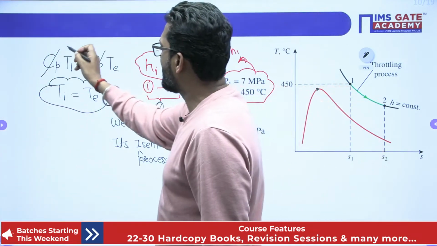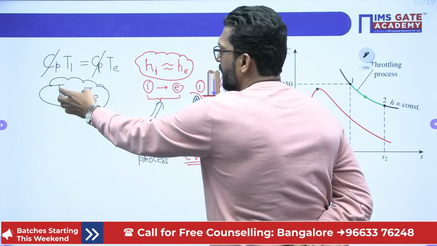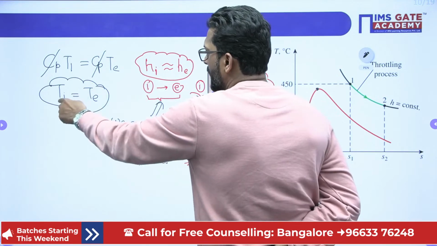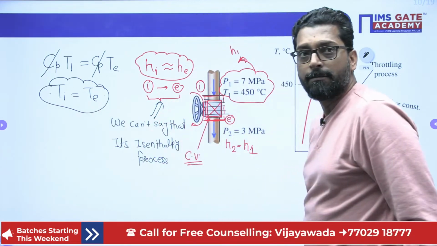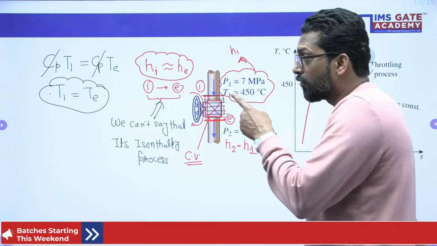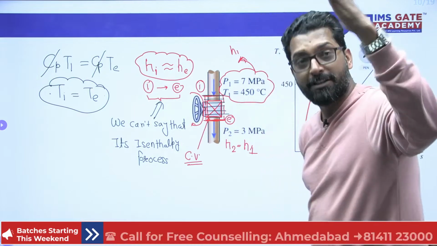So if there is an ideal gas, we confirm with this concept. If an ideal gas is flowing, the temperature at the inlet is the same as the temperature at exit. Except for an ideal gas, you cannot say that. After the throttling, the temperature may increase or decrease.